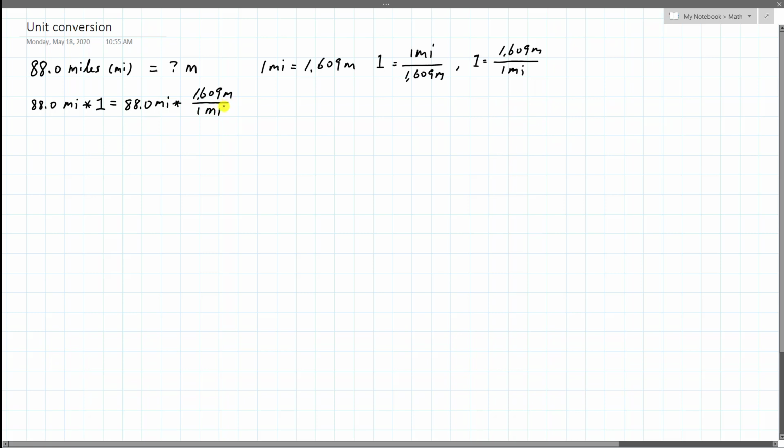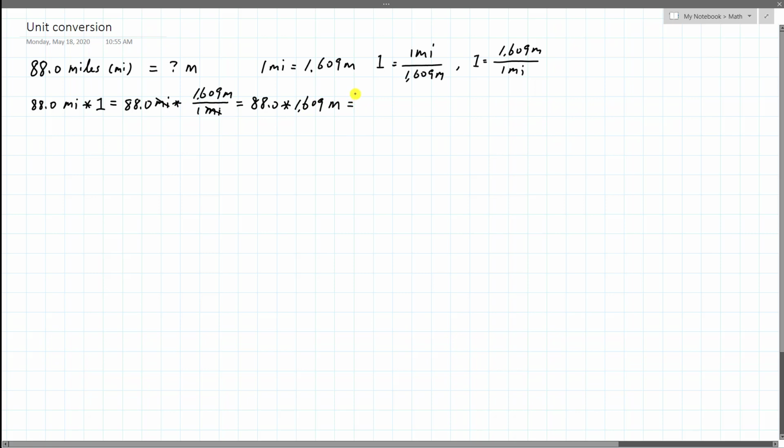Okay, so what I have gained so far is pretty much nothing, but I can divide out the miles, numerator, denominator. So what I have left unit-wise is just meters. And numerically, I have 88.0 times 1609, and the unit is meters.